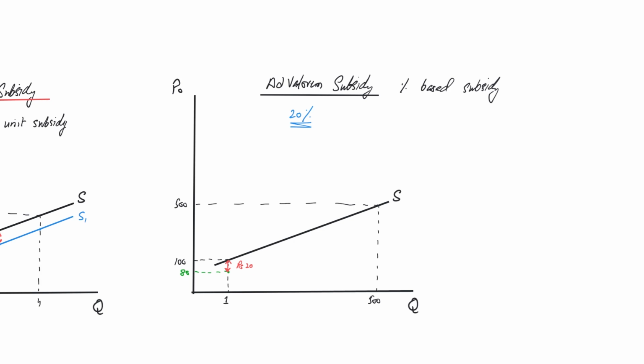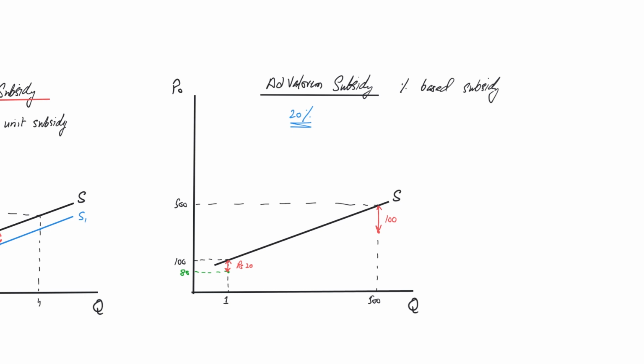But if per liter you're willing and able to sell for 500 rupees and you're getting 20% discount on it, that's about 100 rupees worth of discount, because 20% of 500 is 100 rupees.